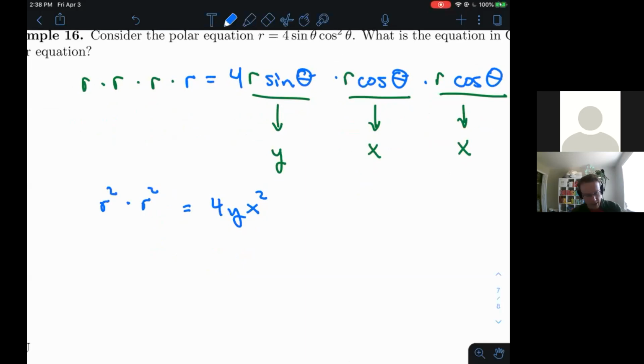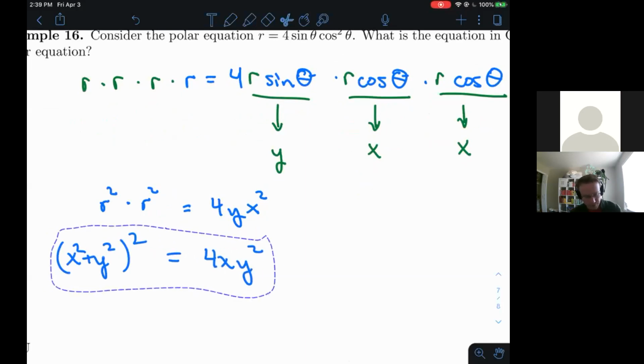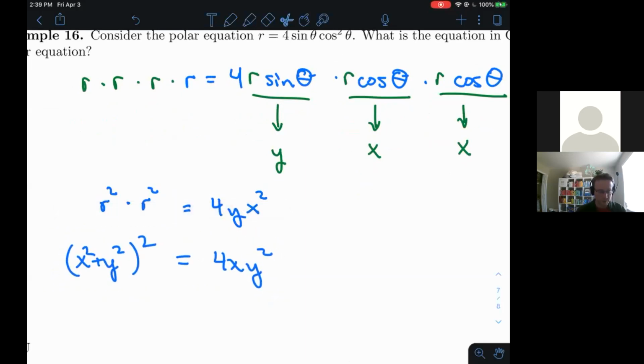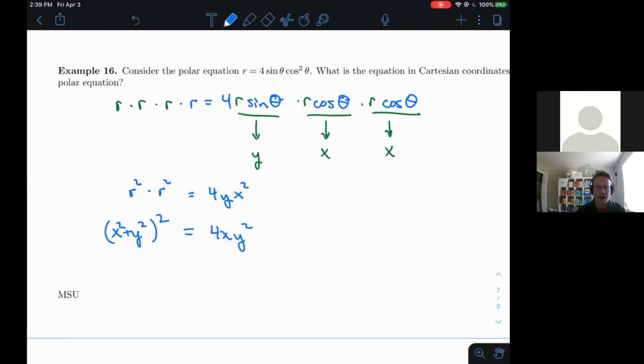R squared is the same thing as x squared plus y squared. And there's 2 of these things, so this is just going to be quantity squared. So this right here is a perfectly fine equation that's Cartesian equivalent, right? So again, don't need to solve for x or for y or anything like that.